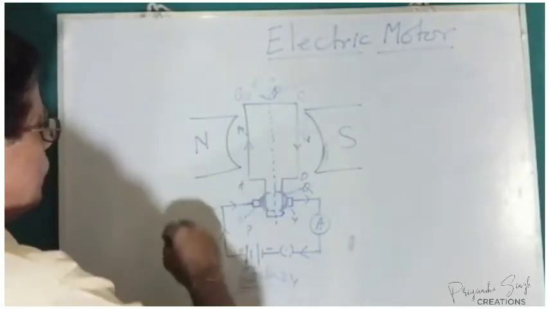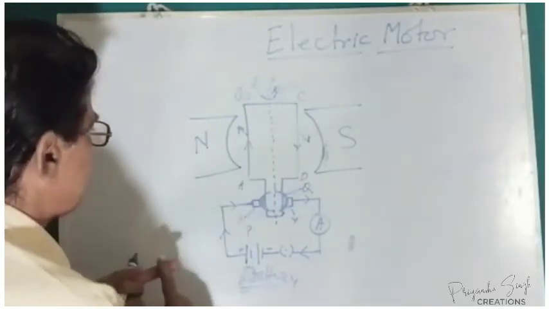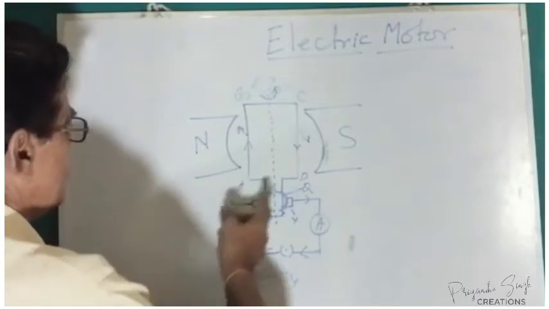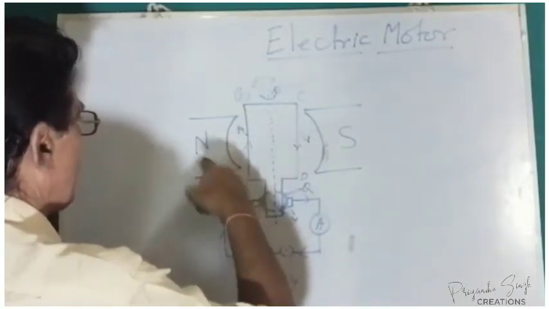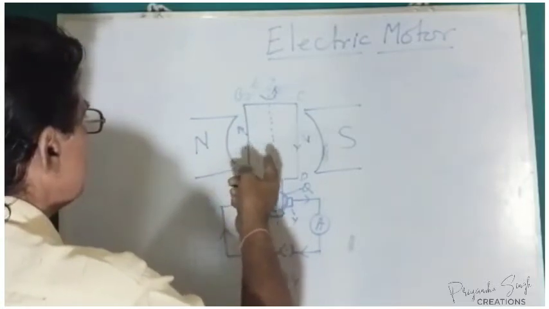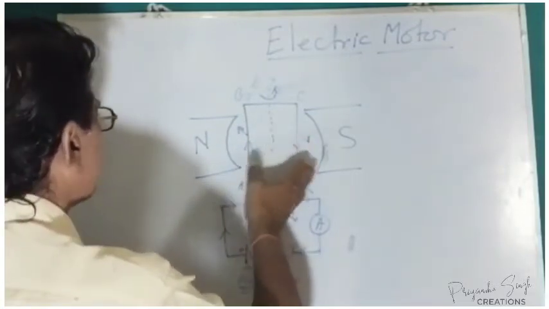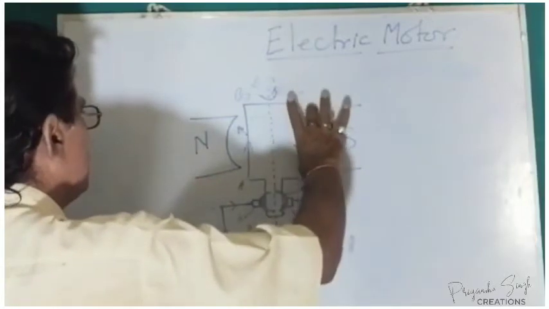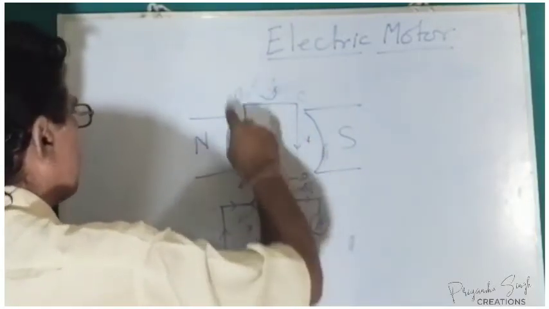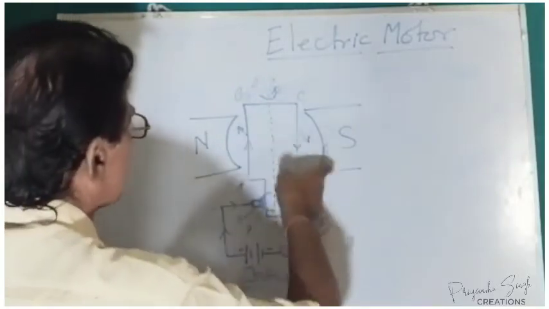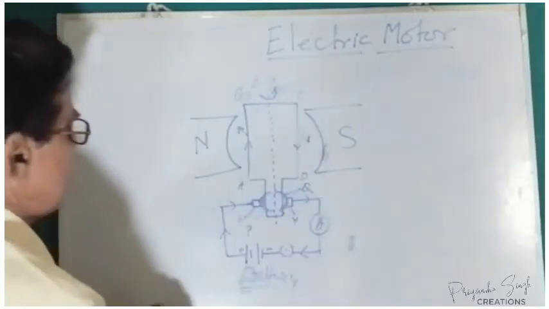So this is the rotation of the coil. What will happen after half turn? When the coil is moved in the clockwise direction, then after half turn CD will take the position of AB and AB will take the position of CD.